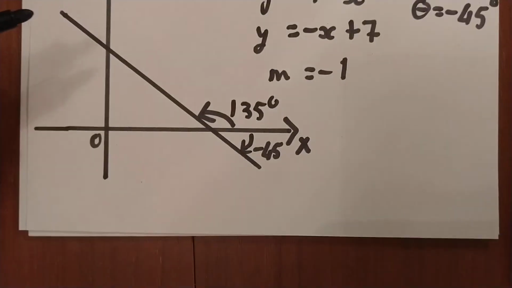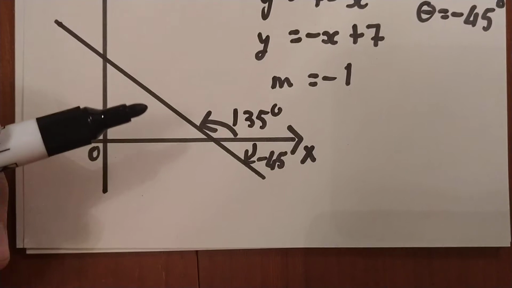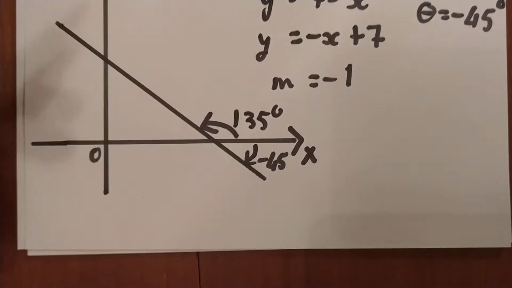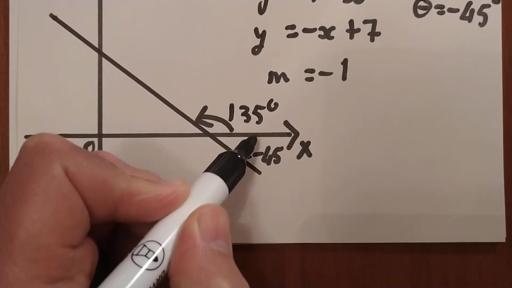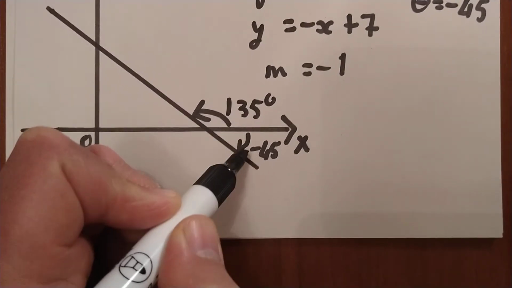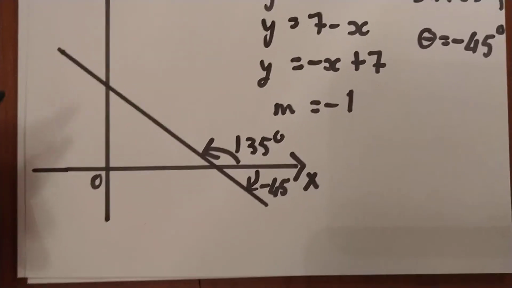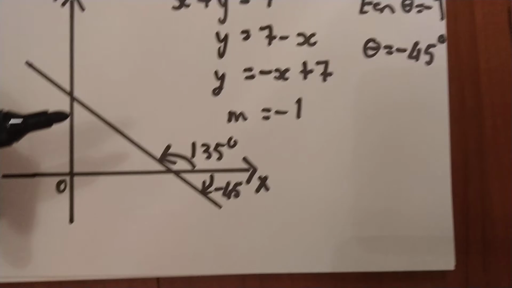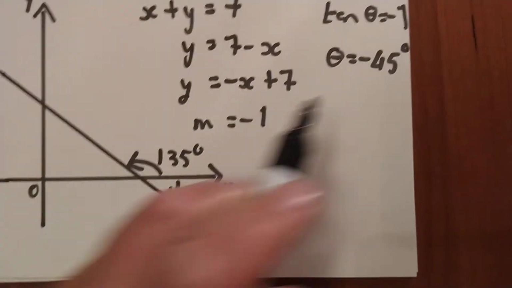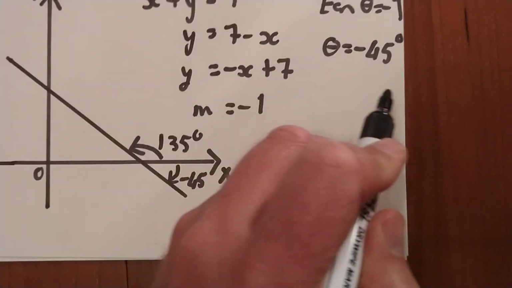On the other hand, if the question said something like, what is the size of the acute angle between the x-axis and the line, we'd have to say, well, from 135 the acute angle is 45 degrees, but it happens to be 45 degrees below the x-axis. But the answer to the question, what is the acute angle, is 45 degrees. Now, what the exam board do not like is if you just jump from theta is negative 45 to therefore the answer is 45.